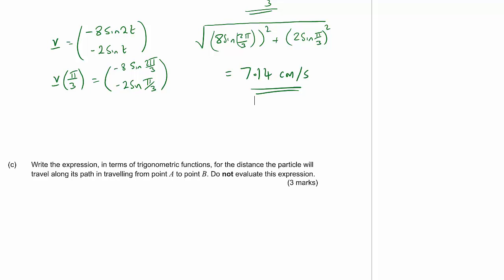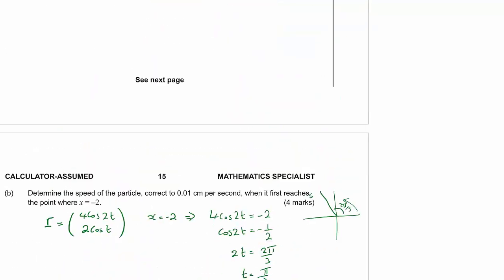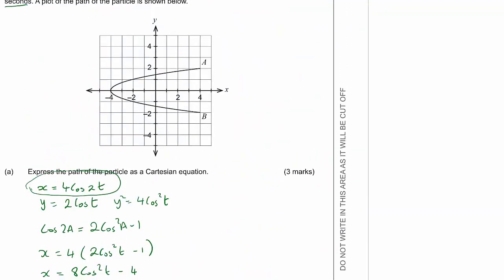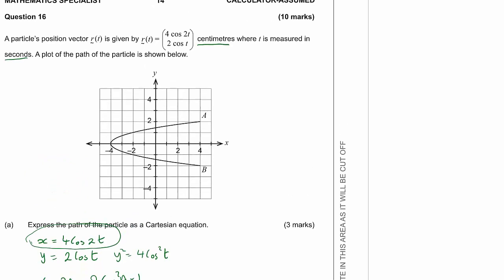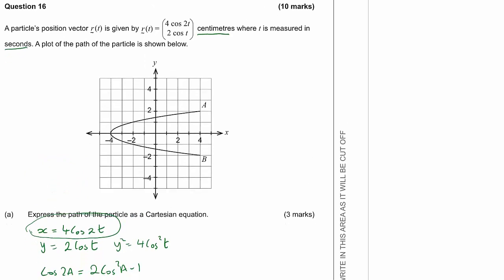Write the expression in terms of trigonometric functions for the distance the particle would travel along its path, travelling from point A to point B. Do not evaluate the expression. So what we need to know is t here and t here.